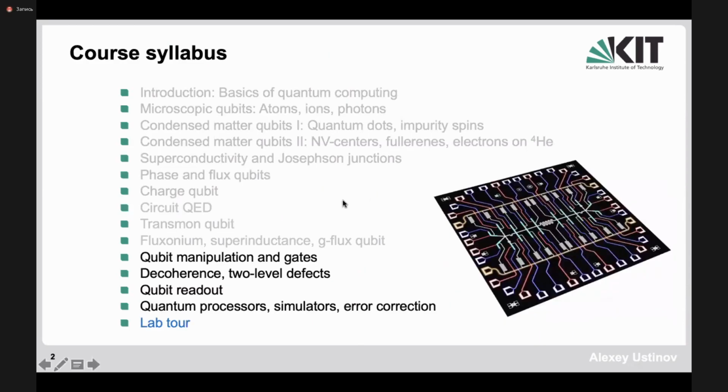So today we'll discuss qubit manipulation and qubit gates. Next week we'll also discuss the effects due to decoherence and the qubit readout, with some news of the development in this area worldwide. It will be the last lecture next week.